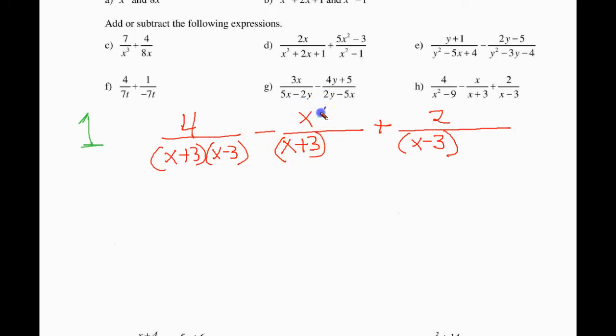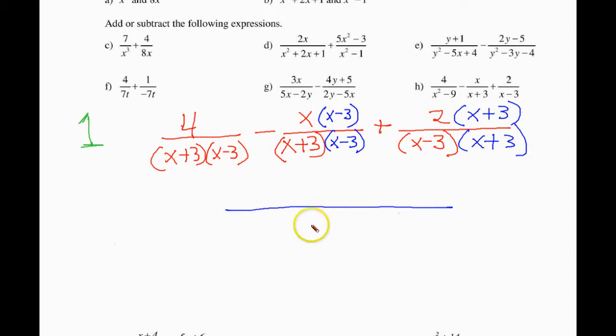So this one is going to be x minus 3 over x minus 3. And this one's going to be x plus 3 over x plus 3. So my common denominator is x plus 3, x minus 3, which are conjugates of this first denominator.